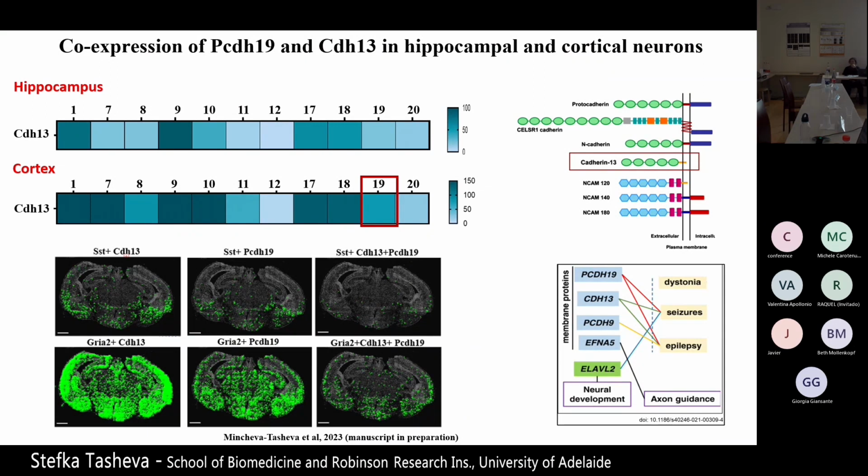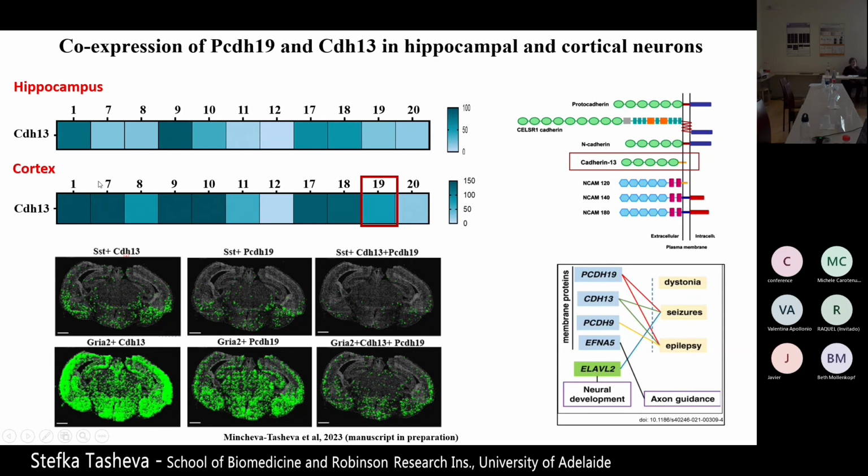using this in situ sequencing was to find that actually cadherin 13, which is an unusual member of the cadherin family, unusual meaning that it doesn't possess any transmembrane or intracellular domain, has been found to be co-expressed with almost all the non-clustered protocadherins.